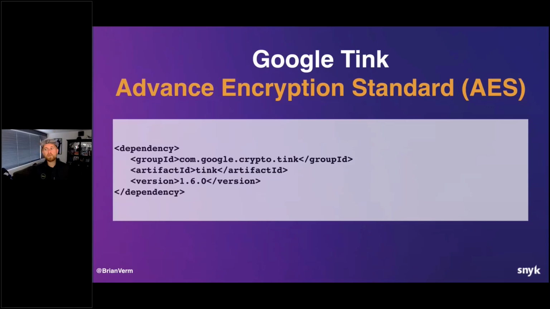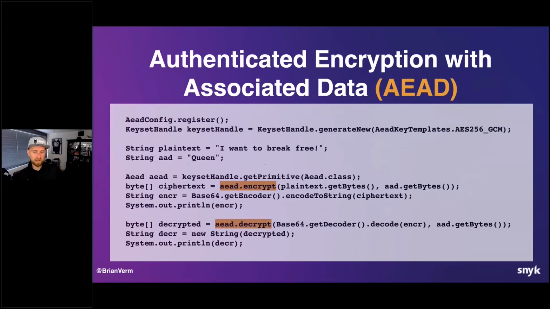For instance, for encryption, use the Advanced Encryption Standard, AES, from, for instance, Google Tink. Google Tink is a well-known library that can do this for you, and it looks something like this. Basically, what I'm trying to do is encrypt a string, a plain text, with associated data. If you want to know more, you have to look it up because we do not have time.